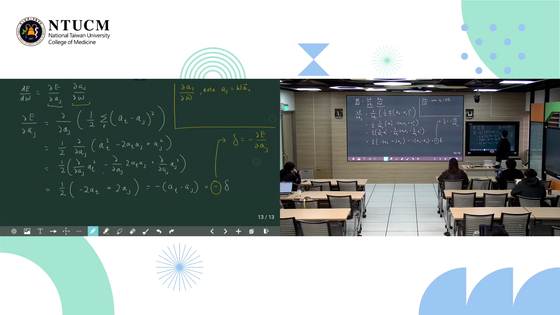If we take that f is equal to 1, then Aj is equal to W times Ai, which implies that dAj/dW is equal to Ai. Correct? Aj is equal to W Ai. The derivative of Aj with respect to W is Ai.